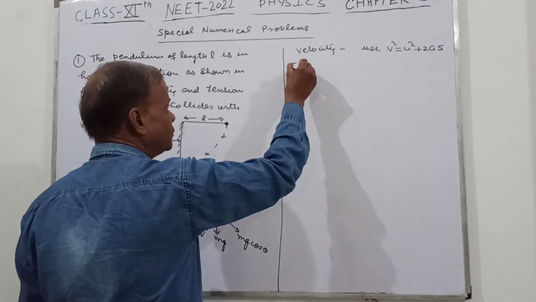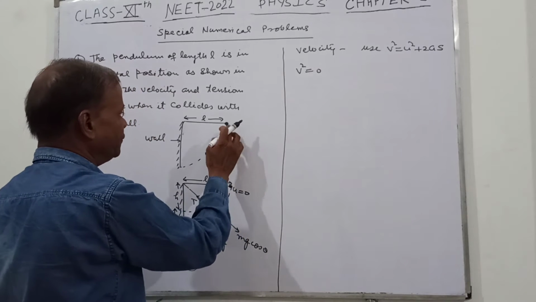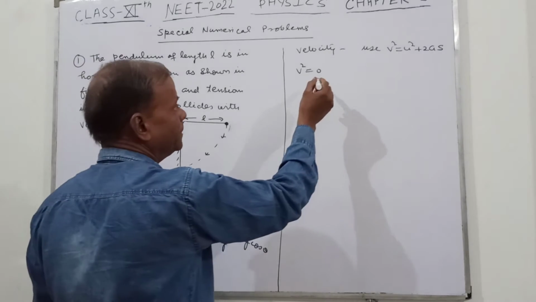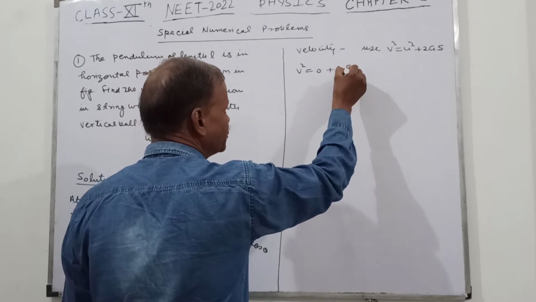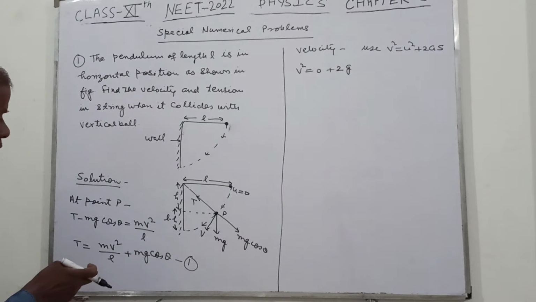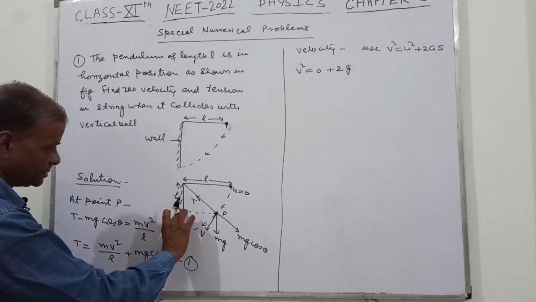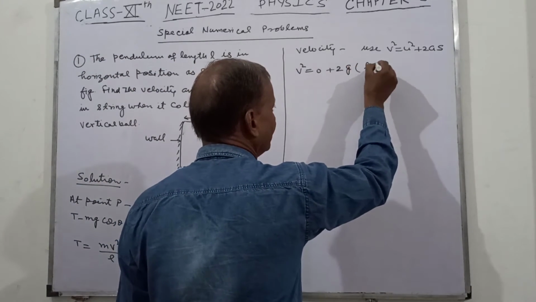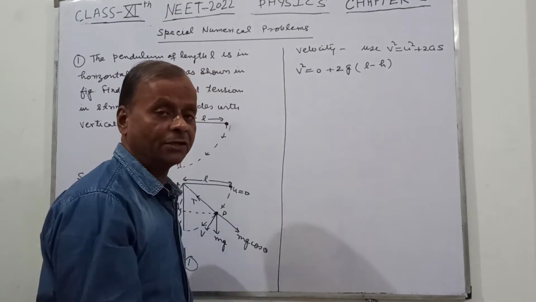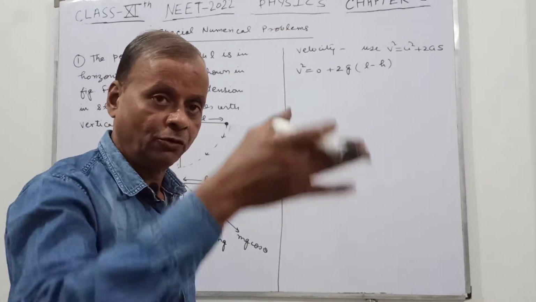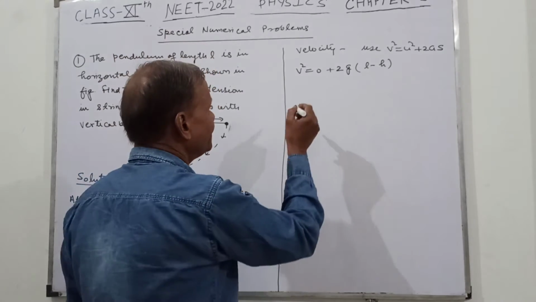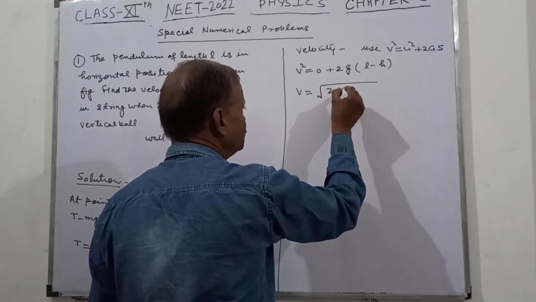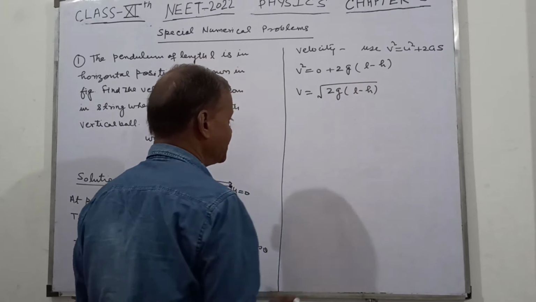This is v square equals u square, where u is 0 since it falls from here, plus 2 into g, where a equals g, and s is the vertical height, L minus h. This height is always taken from the ground, not from the upper position. So v equals square root of 2g into L minus h.